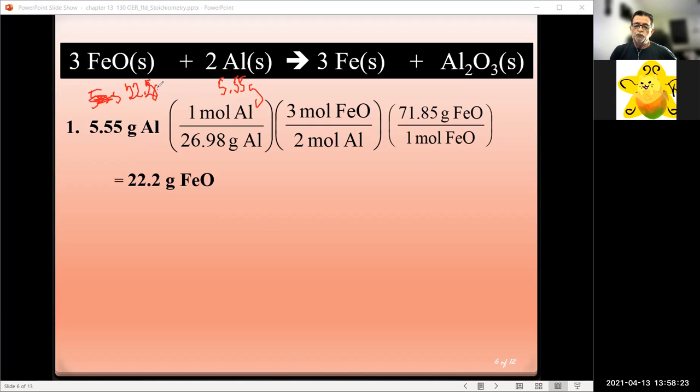Okay. Now we didn't calculate any of the products. All we did was, okay, I started with 5.5 grams of aluminum. How much iron 2 oxide do I need? That's all we did.